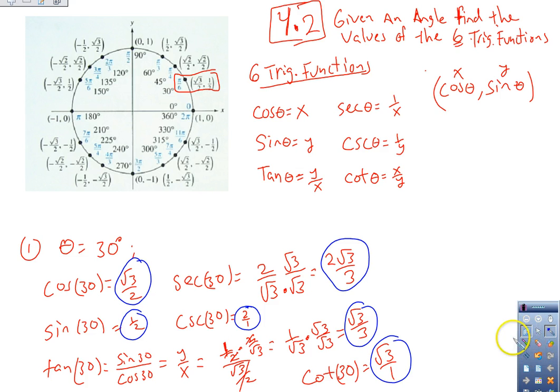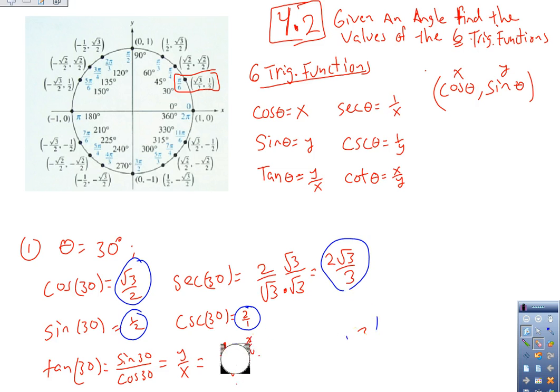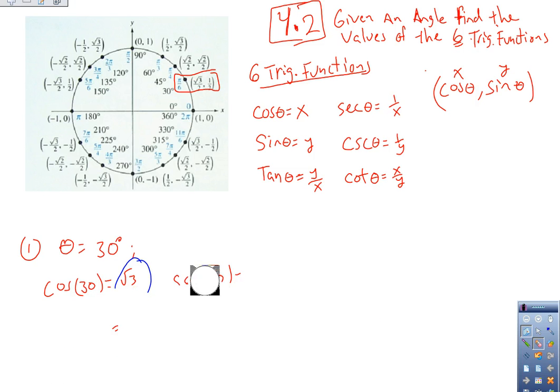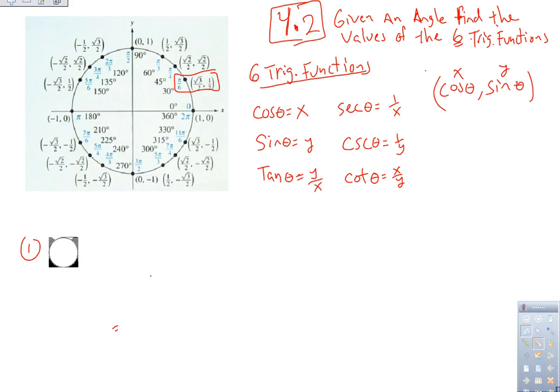Alright, let's do another one here. Let me erase these. Let's do one for which the angle is not on the unit circle. Let's say that the angle is 17 pi over 4.